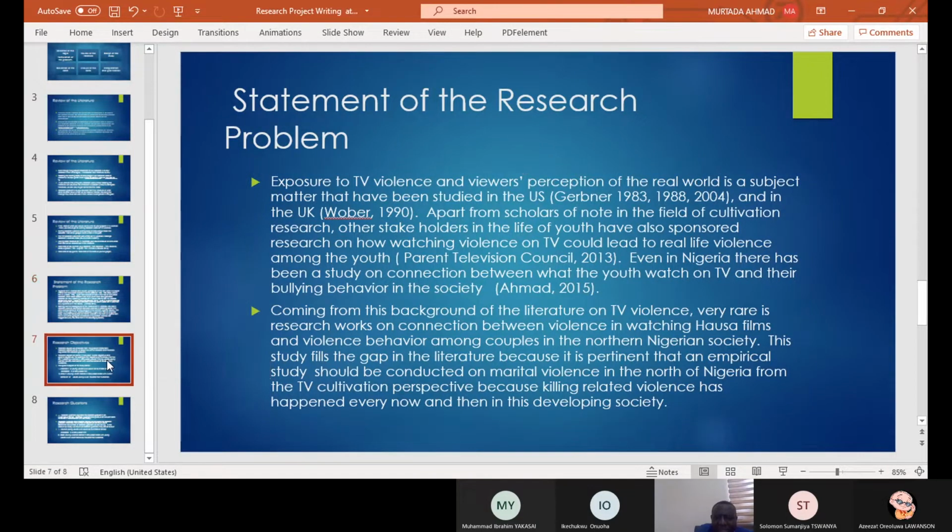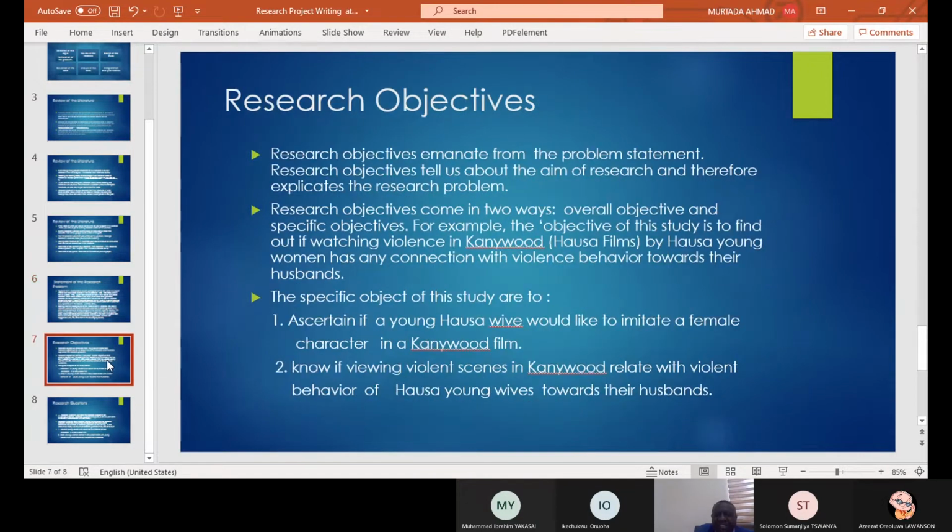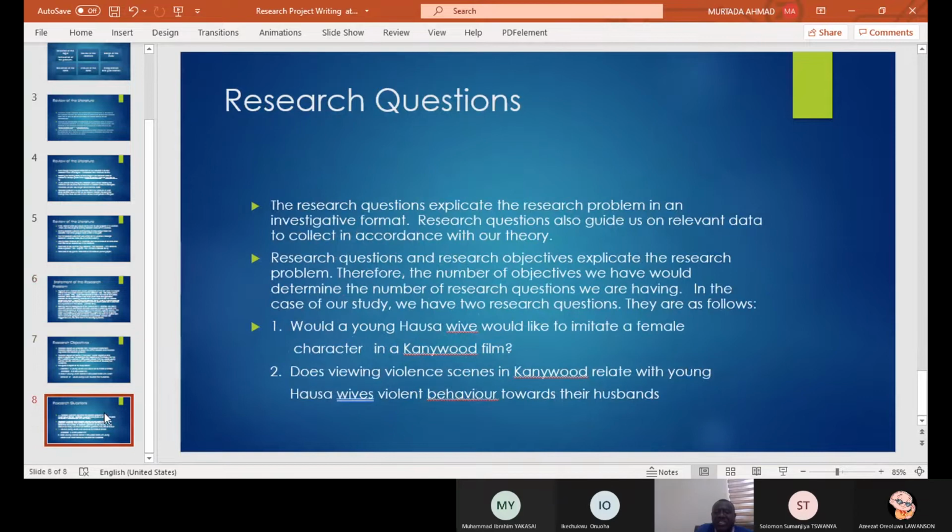Then if you look at the objective, you see that the objective of the study connects with the problem statement. Likewise, the research questions also explicate the research problem in an investigative format. The objective of the study and research question, both of them stream out of a problem statement.